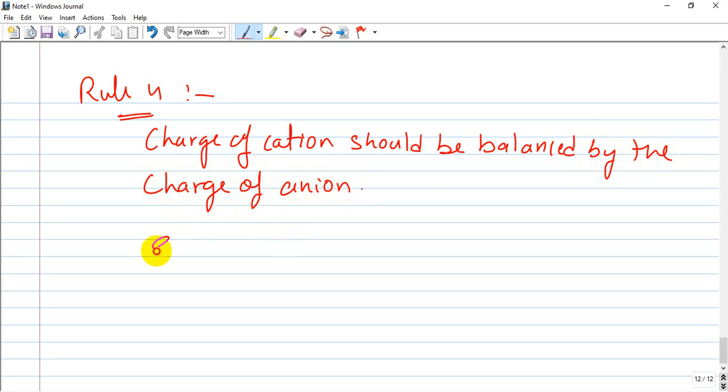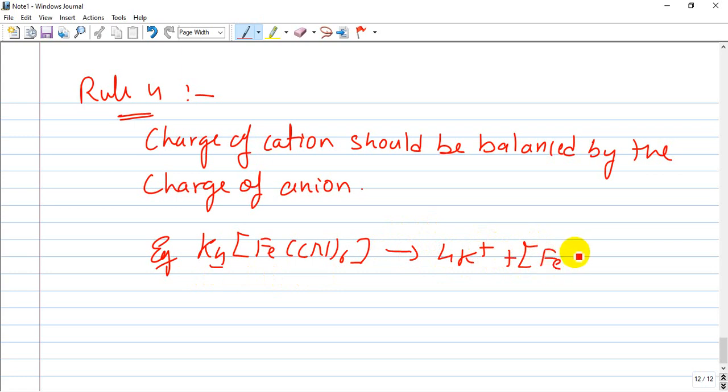In this example, I'm giving K4[Fe(CN)6]. Now look at this. This is a complex which has no charge overall, but when it dissociates, potassium is the cation, and the complex ion has 4 negative charge. So this cation charge should be balanced by the anionic charge. Thank you.